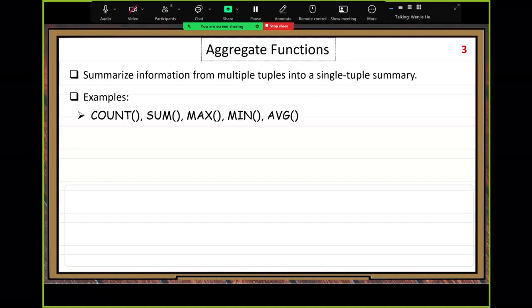If the field has some total order, then you can apply them. For string values, you can apply max and min. For date values, there is an order, so you can apply max and min. All right. Average: when you calculate average, you need to apply it on numerical values.